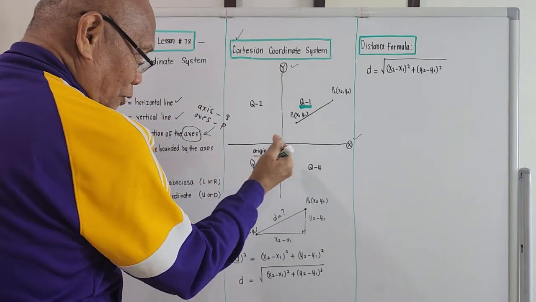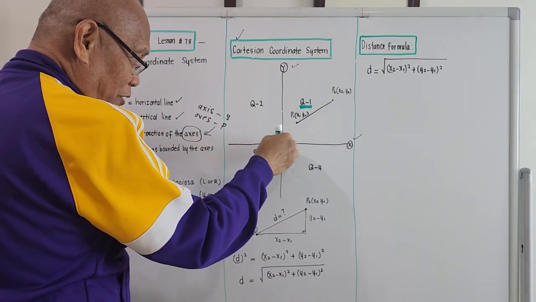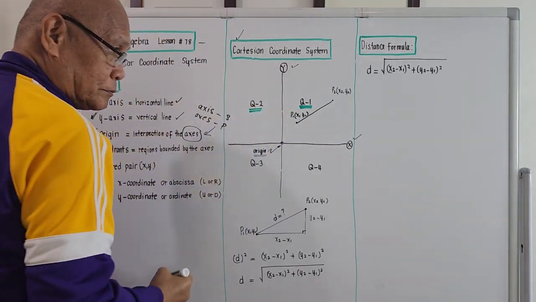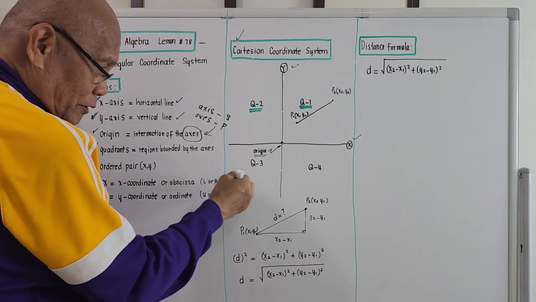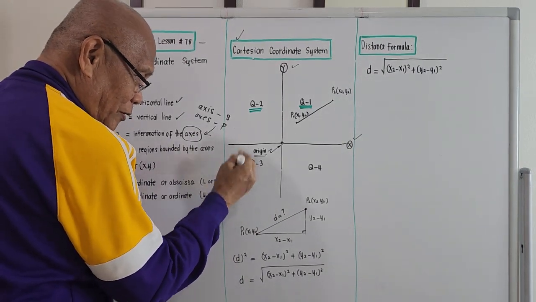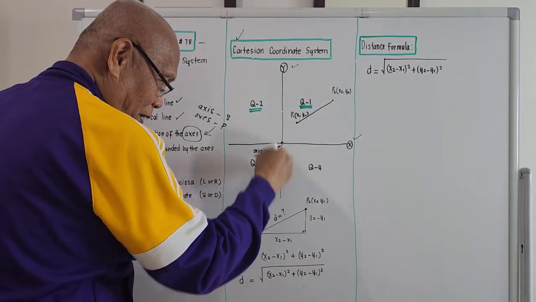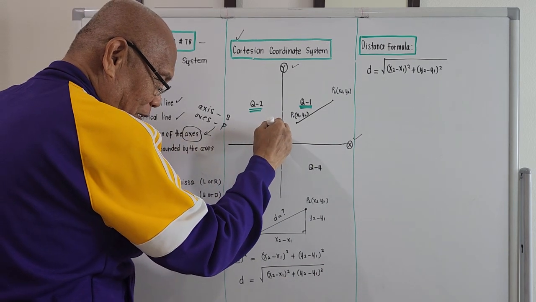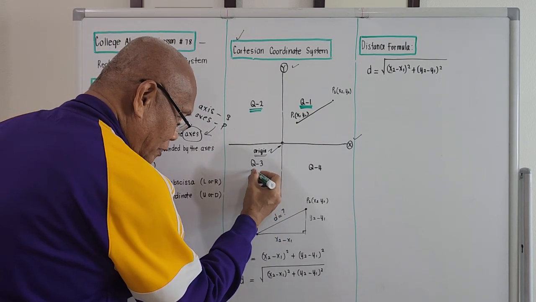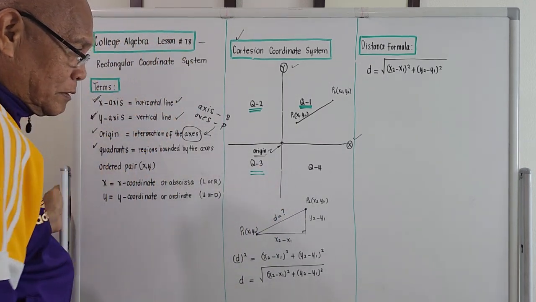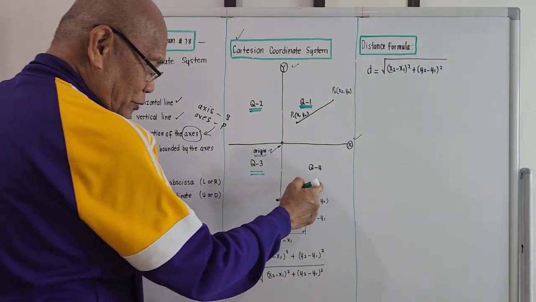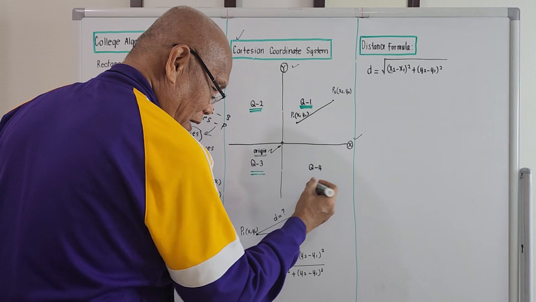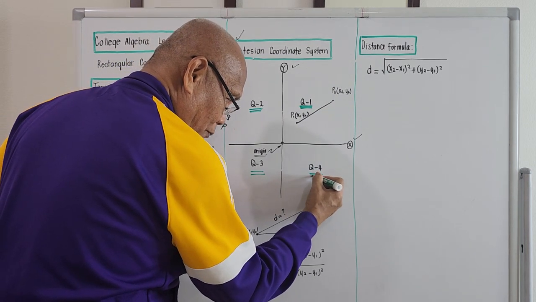If you are on this location, bounded by this vertical line and horizontal line, you are in quadrant number 2. If you are on this location here, bounded by this horizontal line to the left and a vertical line down, you are in quadrant number 3. If you are on this portion here, bounded by this horizontal line and this negative vertical line, you are in quadrant number 4.